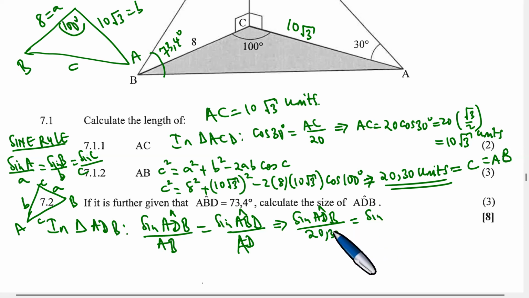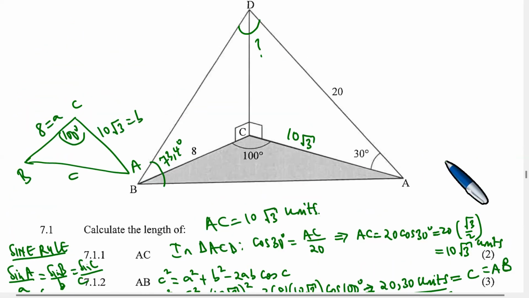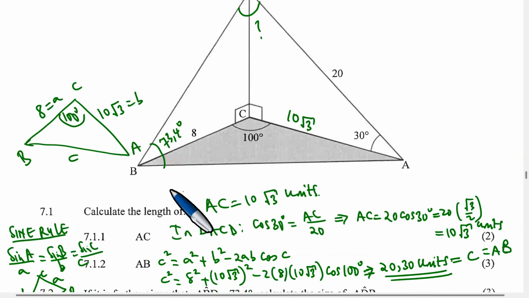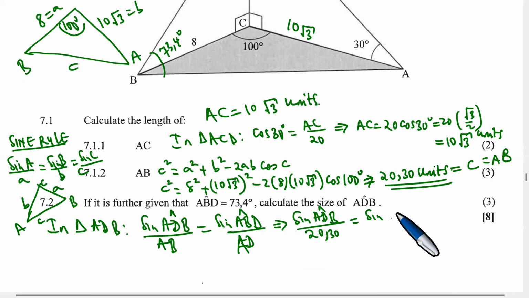Then you have the sine of ABD here, ABD 73,4, divided by AD.